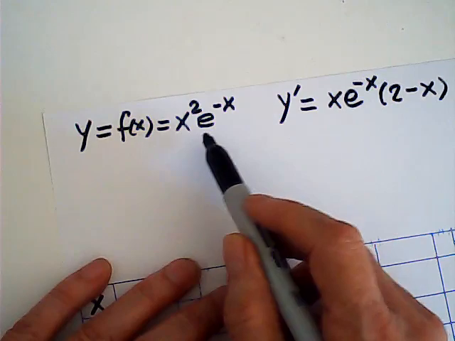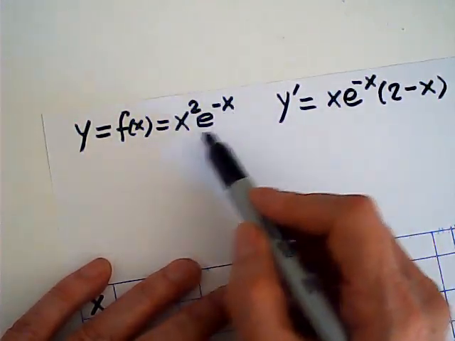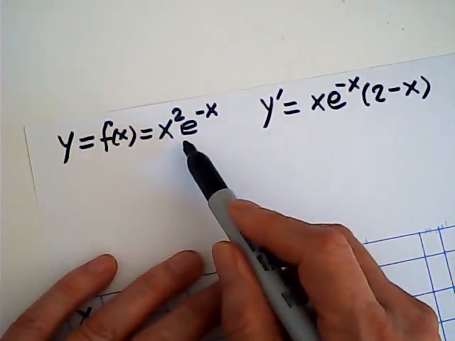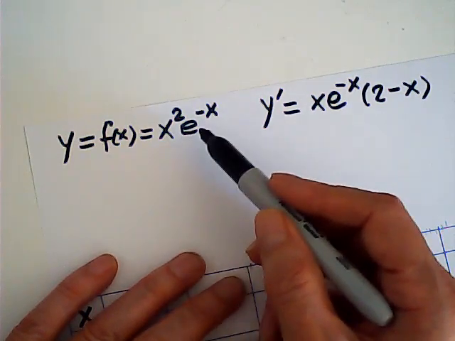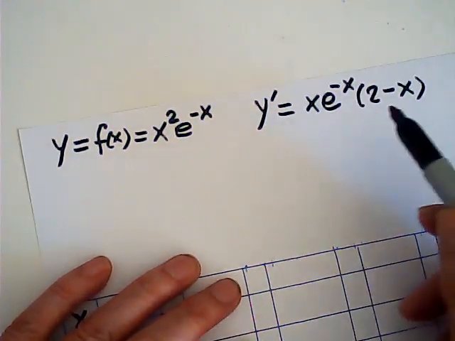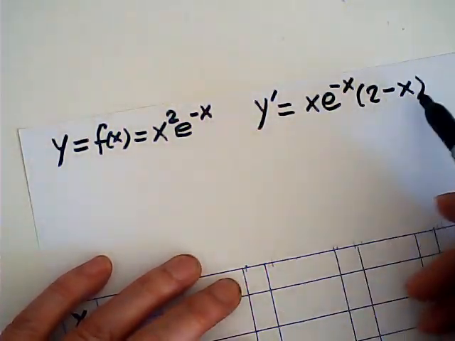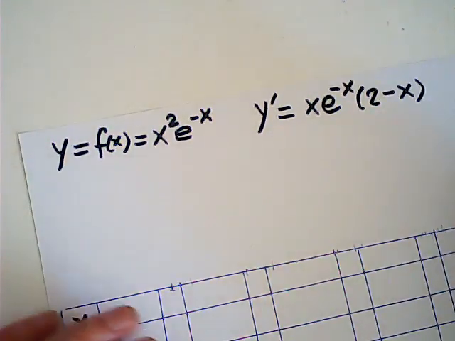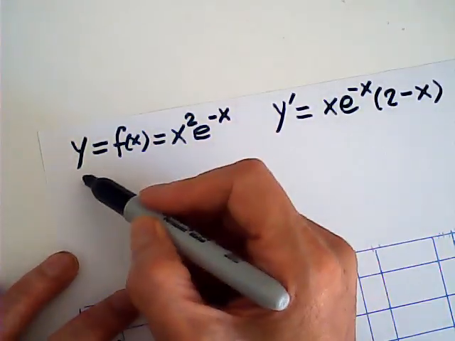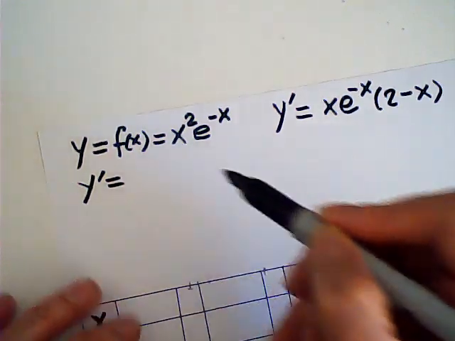We differentiate this function with respect to x, using the product rule and the chain rule. After that, you simplify. This is the derivative.